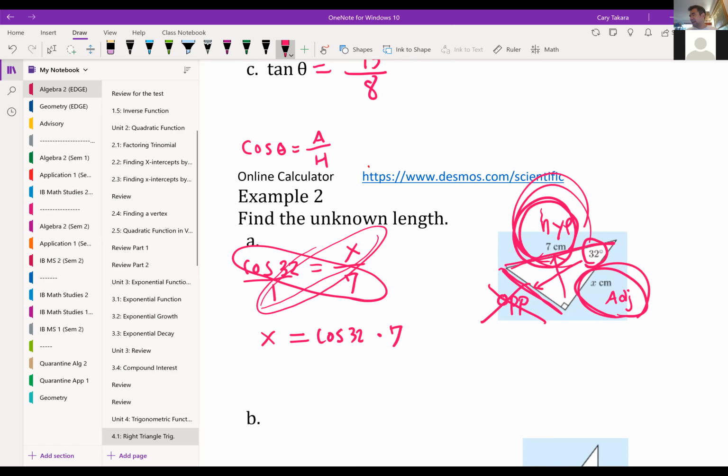Okay? So now you take out your calculator. You do need a calculator for this class, guys. You do not have to have a graphing calculator, but you can still use a cell phone. However, you know the calculator that comes with your cell phone?